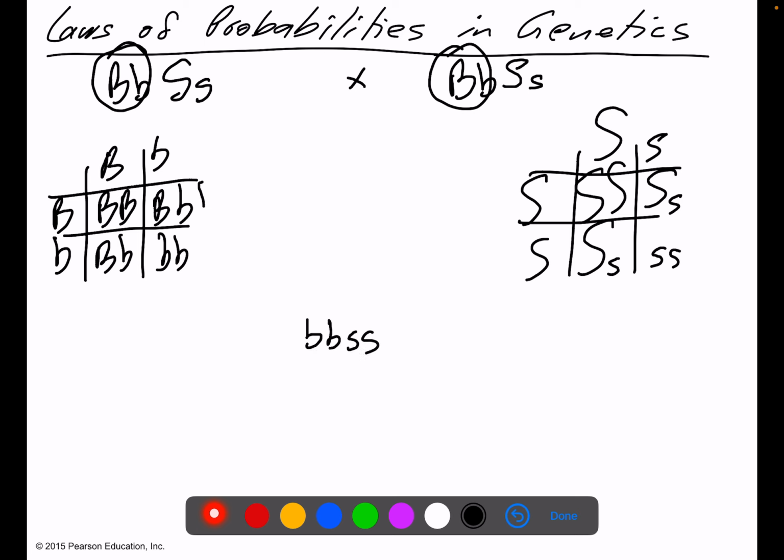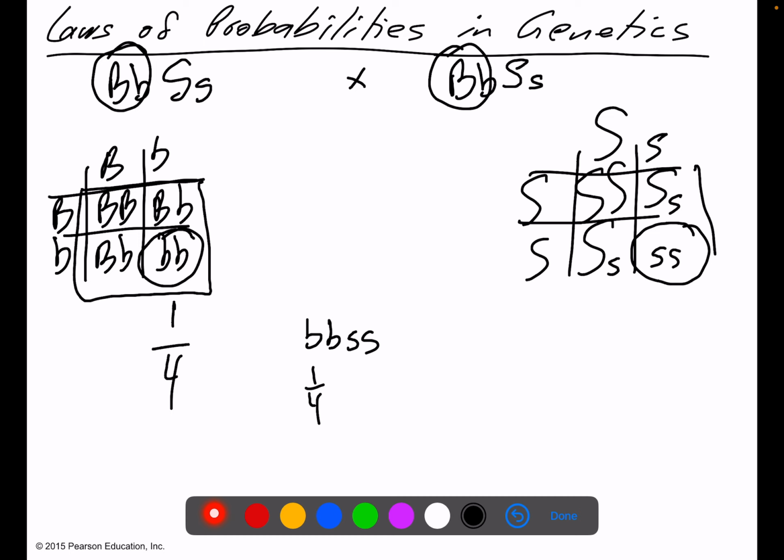Well, all we have to do is look in here and look for something that has little b, and there it is. There's 1 out of 4. So I'm going to put a 1/4 under that. And then we can ask, okay, what are the chances of getting little s from this square? And it looks like there's also 1 out of 4.